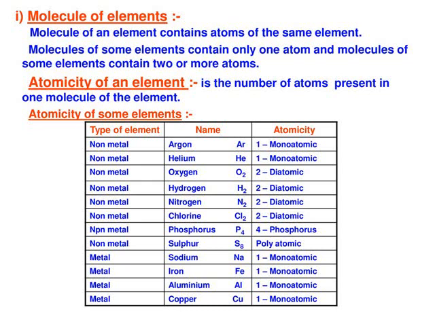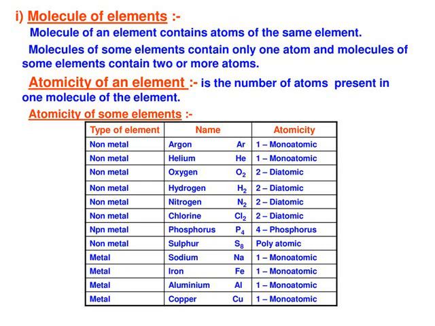So the atomicity of phosphorus is 4. And similarly, sulfur is S8, we call it polyatomic. Okay. Like this, we count the atomicity of the different elements and compounds.